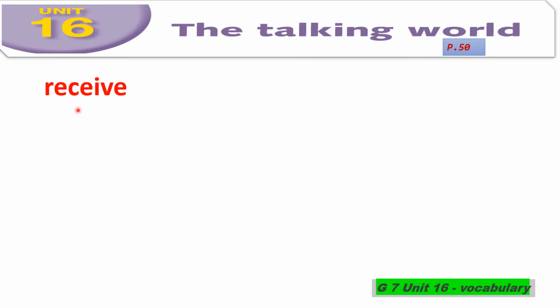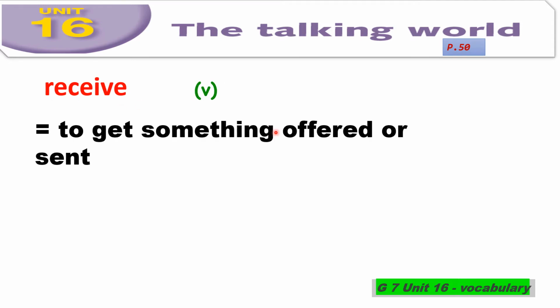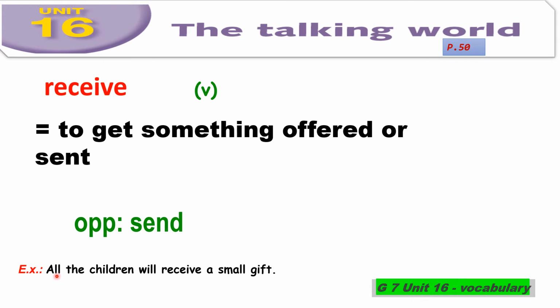The next word is receive. Receive is a verb. Receive means to get something offered or sent. The opposite of receive is send. An example is, all the children will receive a small gift.